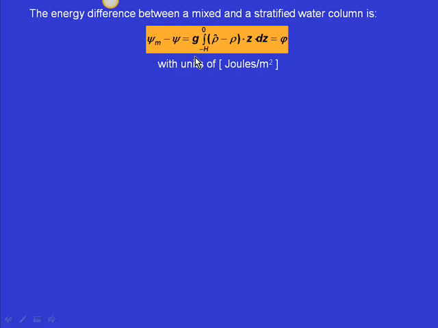So the difference is given by this expression, gravity times the difference in densities between the mixed water column and the depth-dependent density integrated over the entire water column. So we're going to call that phi. So that's the difference. We're going to call this the potential energy anomaly. That's the difference between the mixed and the stratified water column. And it has units of joules per square meter. Energy per unit area, joules per square meter.